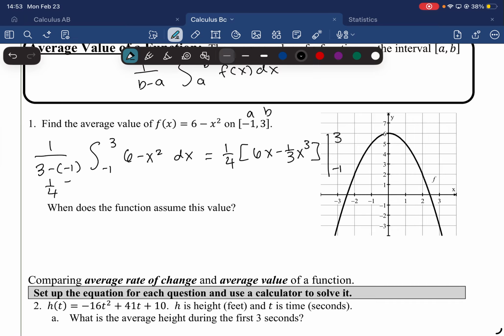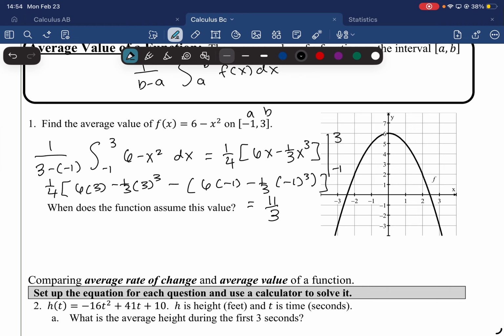So I have 1/4 times 6 times 3 minus 1/3 times 3 cubed, minus, and then I plug in the -1: 6 times -1 minus 1/3 times -1 cubed. Okay, so simplifying this, we get 11/3. Some magic of algebra. Okay, but in this case, you'll have decimals, right? So technically, you could have just plugged in the integral in the beginning, and it would give you whatever 11/3 is as a decimal.